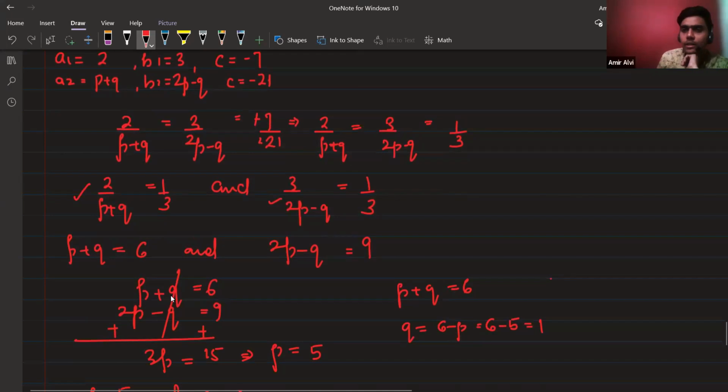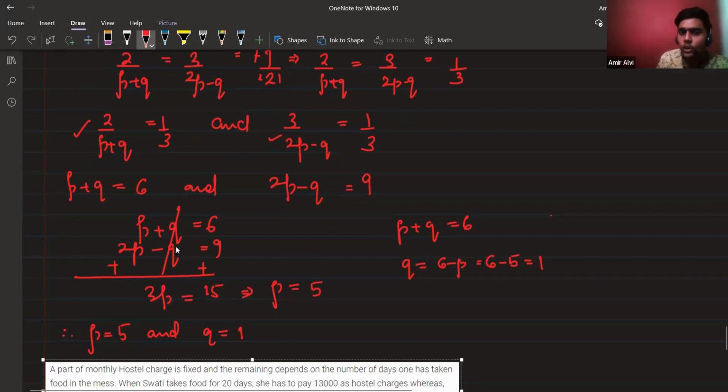No, we are directly adding up there. We are not changing any sign. We are just adding both equations. The sign is already opposite for Q. That's why I didn't subtract them. I just add them so that the negative Q gets cancelled out by the positive Q. Whenever both the terms are positive, then we can subtract them, and then the sign changes.